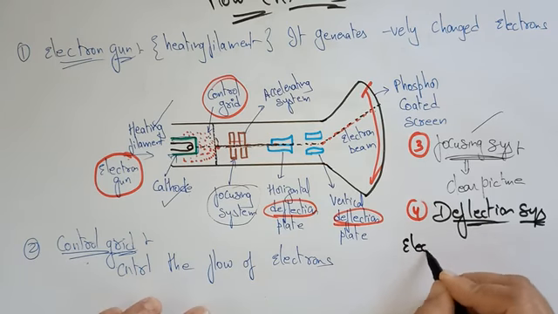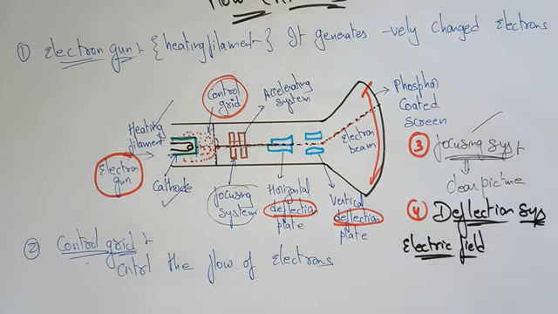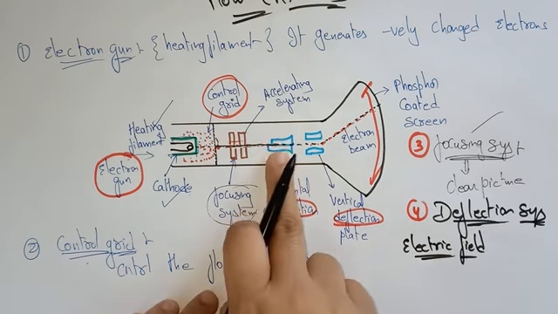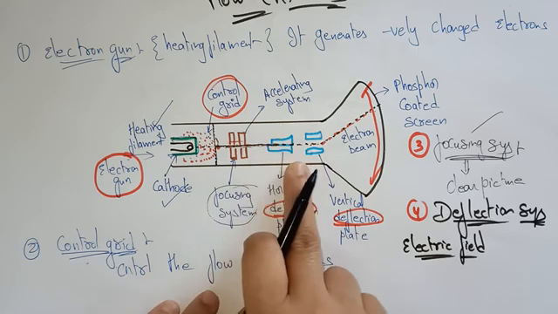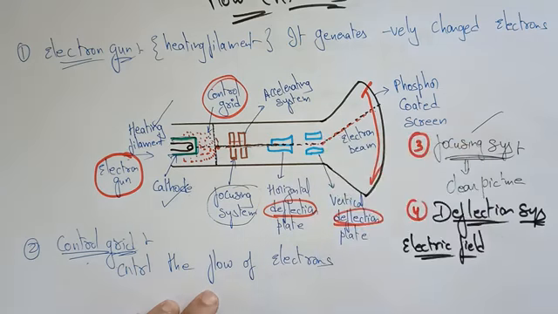Electric field means two pairs of parallel plates are used, one pair for horizontal and another for vertical.